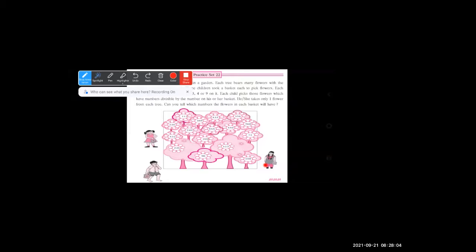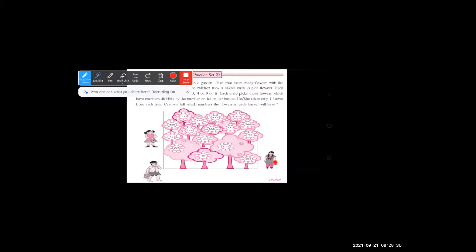Okay, so you are supposed to check whether the number is divisible by 3, 4 or 9. If the number is divisible by 3, you are going to put it in the basket of 3. If the number is divisible by 4, again you are going to put it in the basket of 4. And if the number is divisible by 9, then you are going to put that flower in the basket of 9.